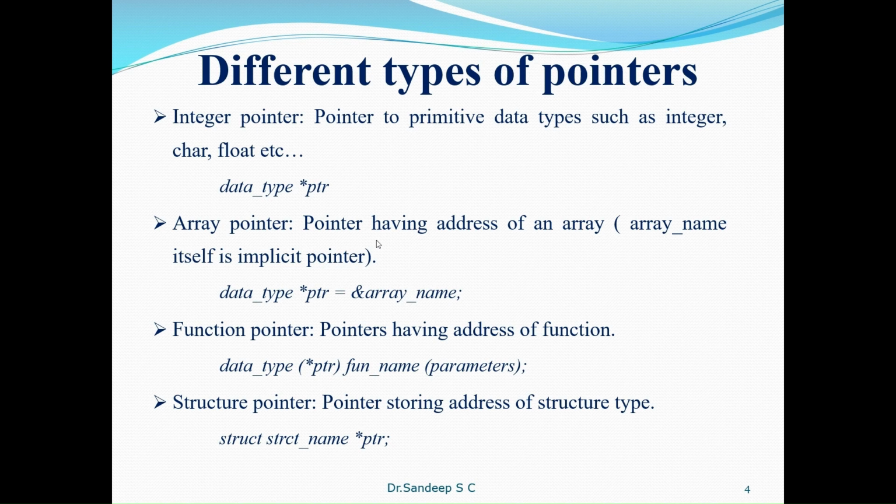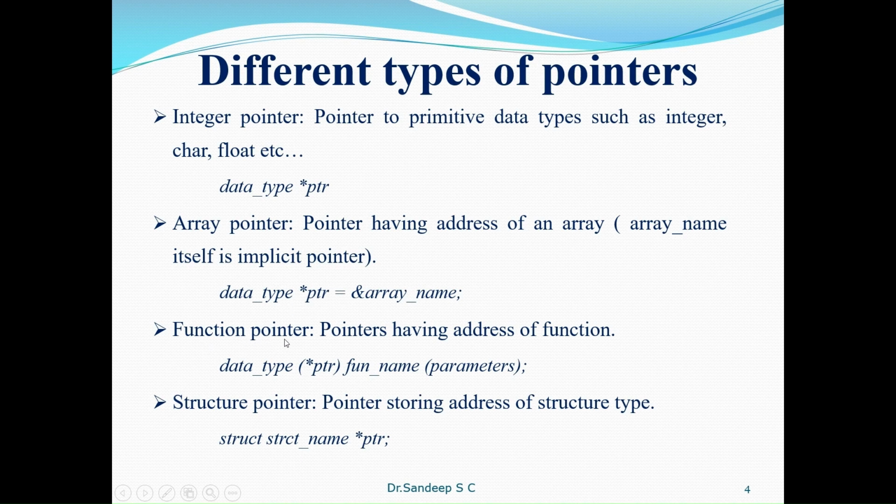Again, I will discuss this in detail when we talk about arrays. For now, remember that when we say array pointer, it is pointing to the array. That means it will store the address of the array, and the array name is an implicit pointer. So we store the address in a similar way, that is pointer data type, pointer, and the address of the array name. So that will be pointed to by this pointer.